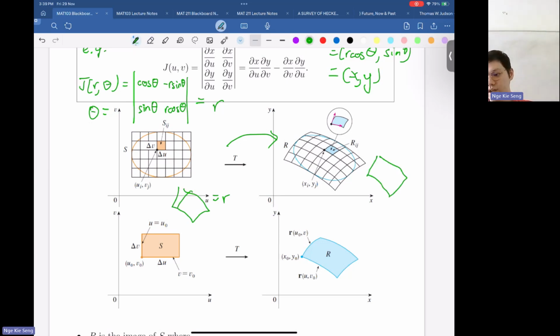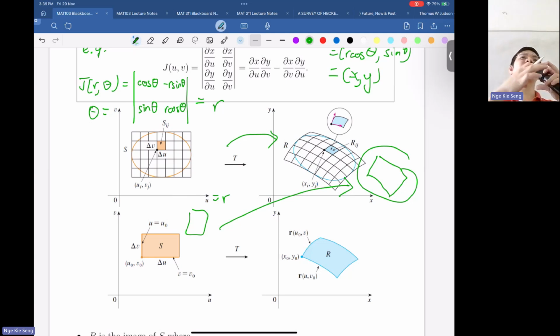So your rectangle is stretched by a factor of r. Does it make sense? You are using the stretched rectangle to compute your integral, so that's why it incurs a factor here, because your original rectangle gets stretched.